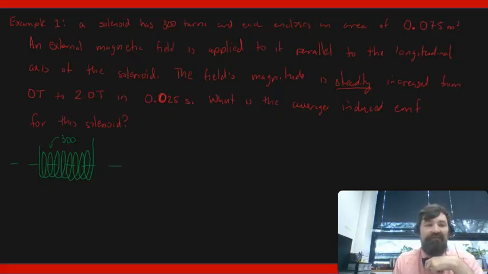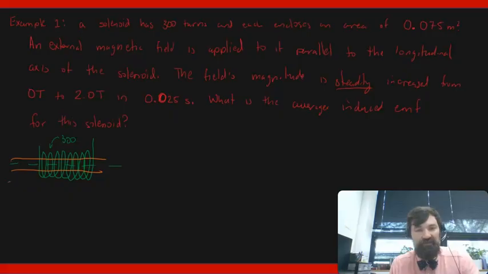You have a magnetic field being applied to this solenoid more or less in this direction, parallel to the axis. So this is your B field, and we're trying to figure out the induced EMF for this situation.